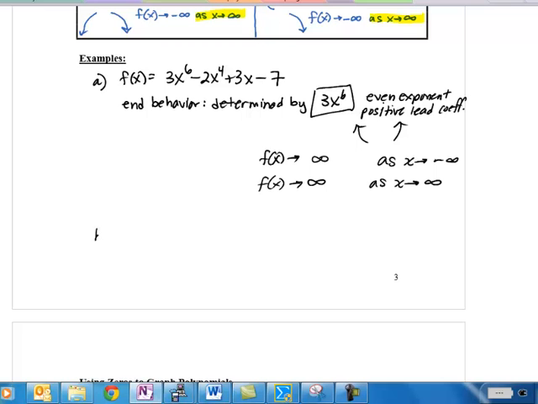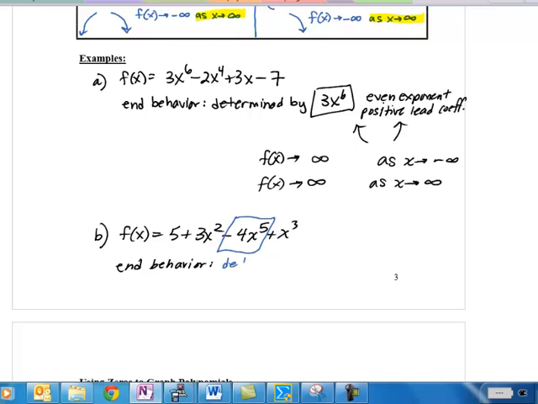One more. If I have f of x equals 5 plus 3x squared minus 4x to the 5th plus x cubed, the end behavior for this is all determined by this term, because that's the highest degree.